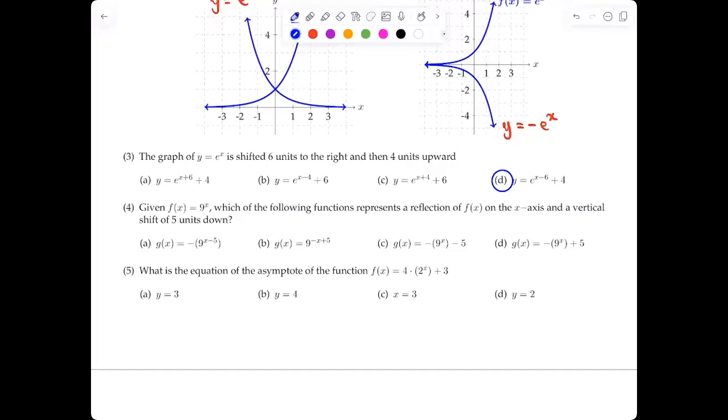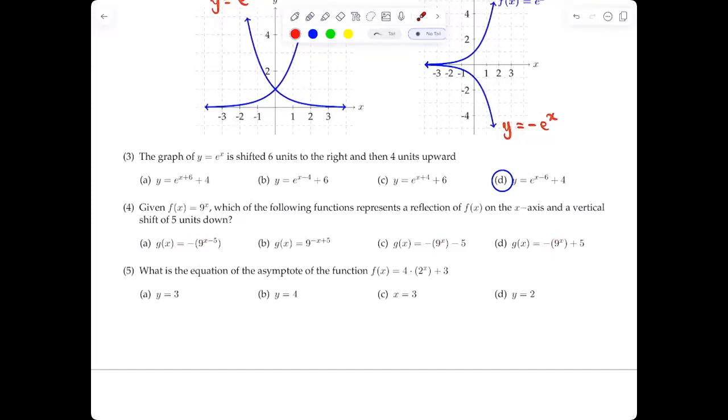Positive y becomes negative y and negative y becomes positive y. So negative 9 to the x. So one option here, another option here, another option here. So we have 3 options in this case.